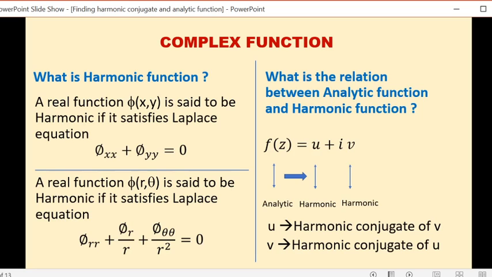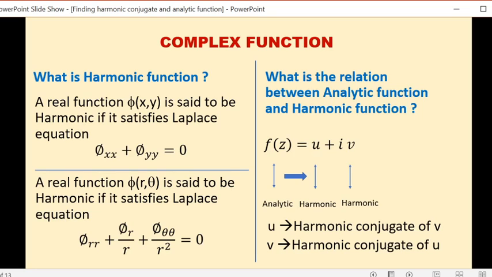Amit Pal, it satisfies harmonic conditions. What is the harmonic condition? Pradnya, it satisfies vxx plus vyy equal to 0. Very good. Pradnya is 100% correct. Ankit, v satisfies Laplace equation. Correct.